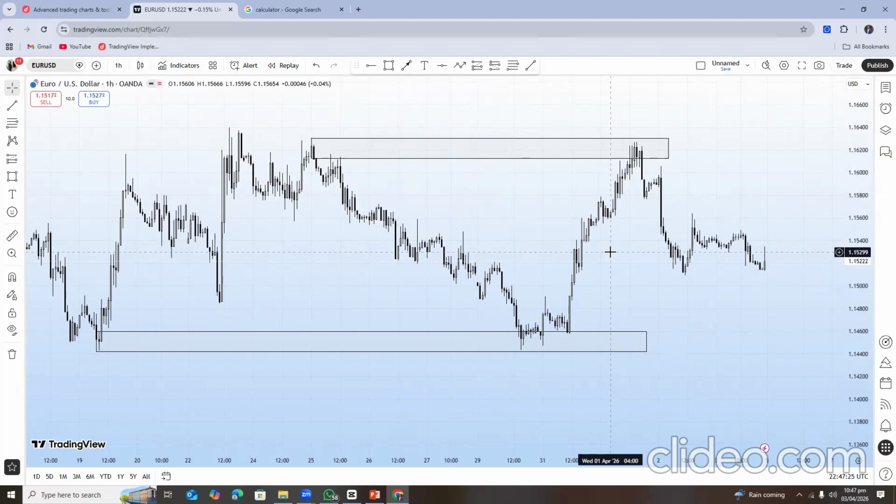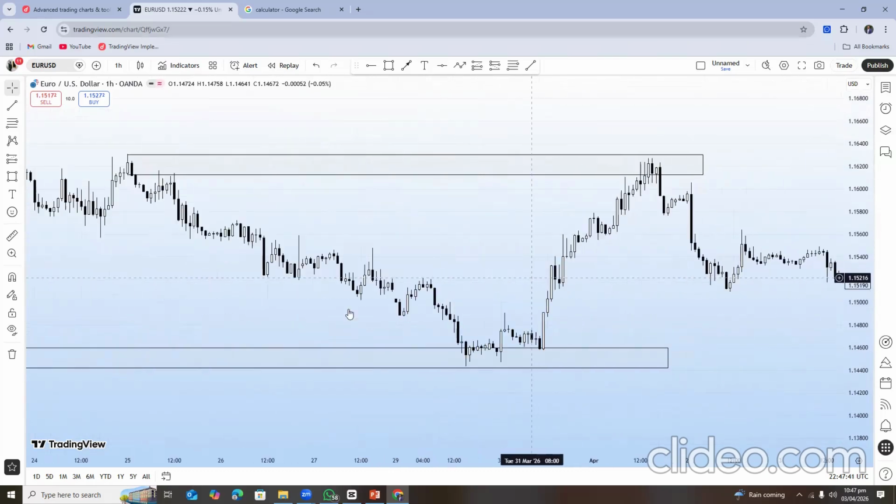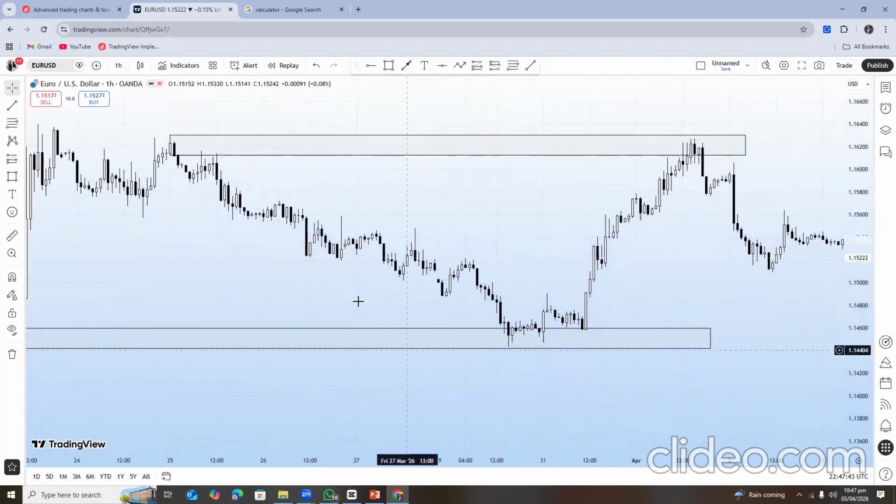So I've shown you order blocks, a buy order block and then a sell order block. Now let's try to identify fair value gaps. There are numerous of them on the chart at the moment, but I want to show you one from here.